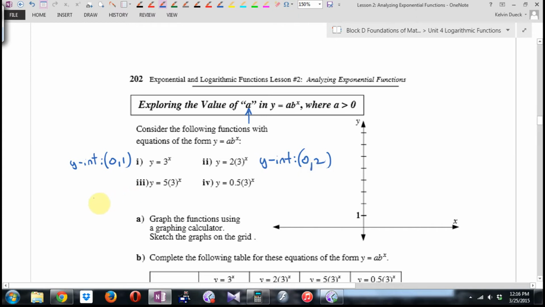Can you make a prediction for what the y-intercept is going to be for y equals 5 times 3 to the x? Won't be 0, comma 3. Good guess, though. 0, comma 5.